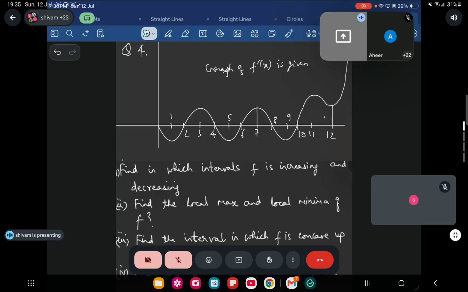Yes, Soham, part 1 and 2 are correct. Swapnil, the graph is given from 0. Although increasing is correct, decreasing will also be correct. But remember, the graph is given from 0, not from negative infinity.